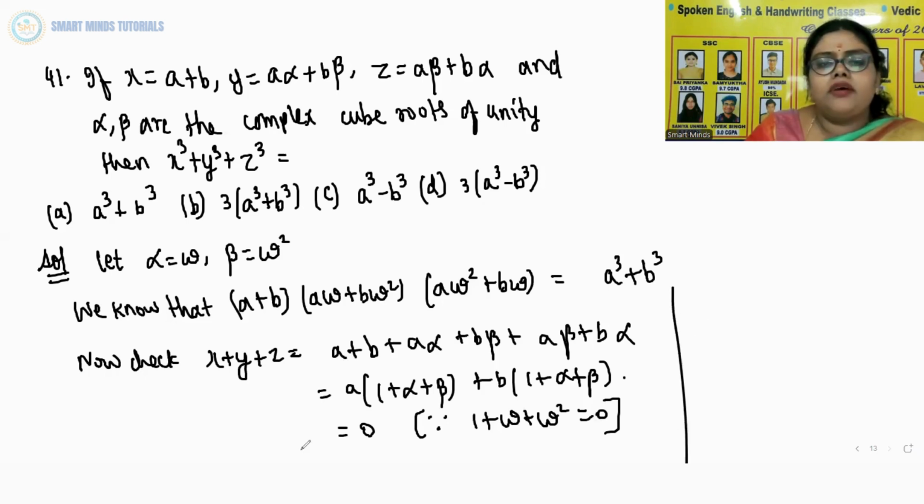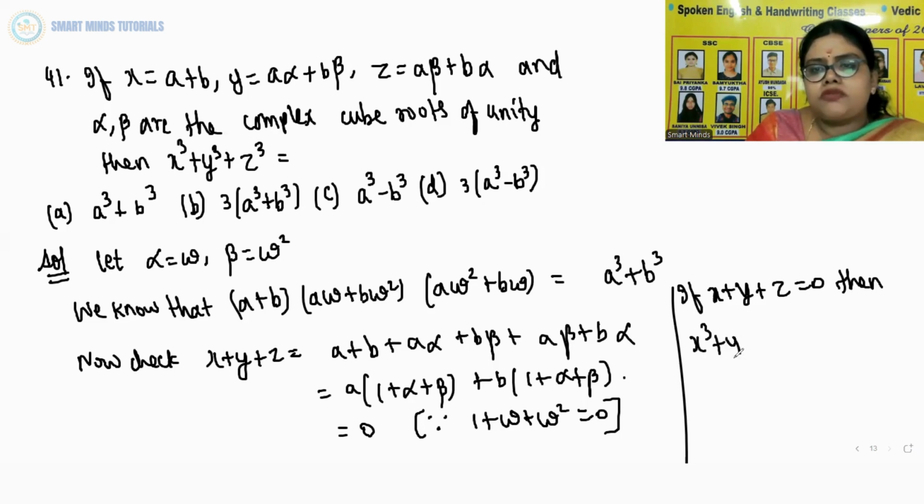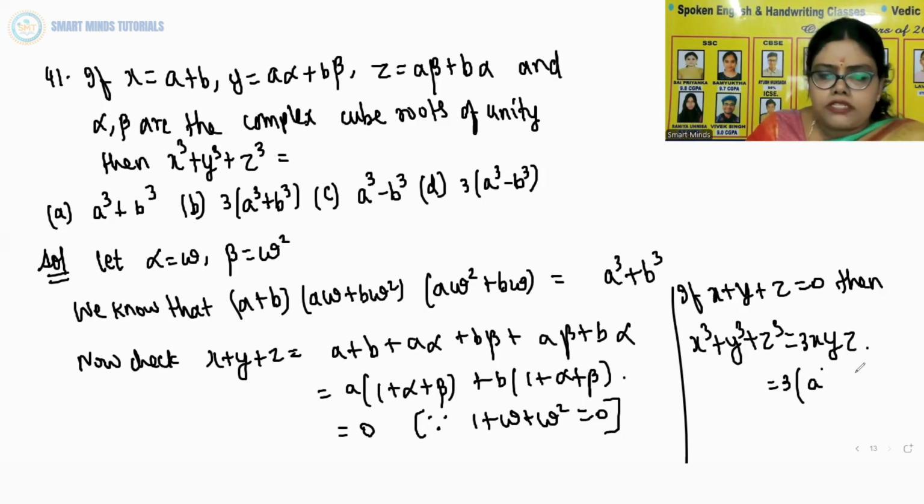So we have a formula in algebra: if x + y + z is 0, then x³ + y³ + z³ is equal to 3xyz. So that is equal to 3 into xyz, but we know xyz is a³ + b³. So the correct answer for this is option B.